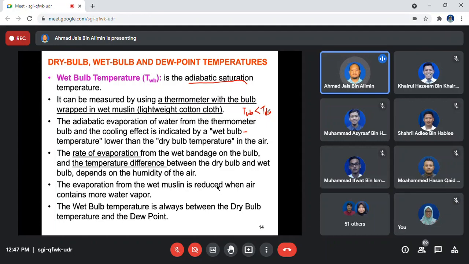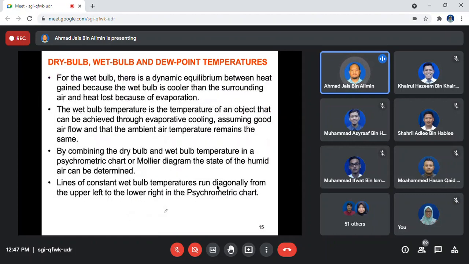The wet bulb temperature is always between the dry bulb value and the dew point. So if you put it on a scale, you have the dry bulb, then the wet bulb, and also the dew point temperature. So those are the positions of the different temperatures.